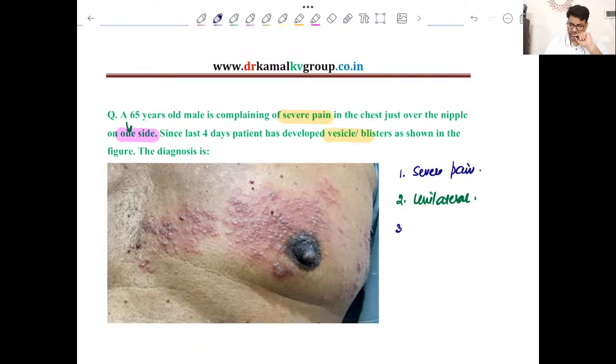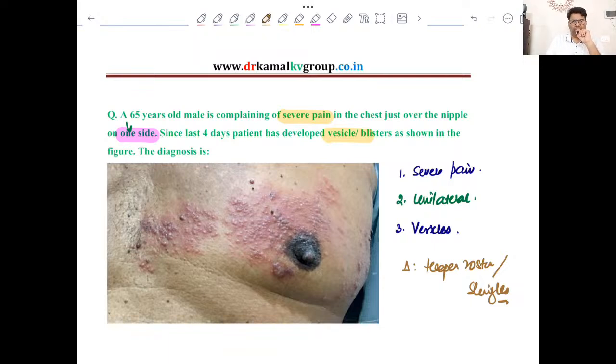Number 2, unilateral, right? Because it is on one side, it is unilateral. Then third is vesicles. Very good, Shanwaz, very good, Arush, very good, KK. Yes, wonderful. So this is a classical description of herpes zoster, which is also known as shingles, right? So it is on the one side.